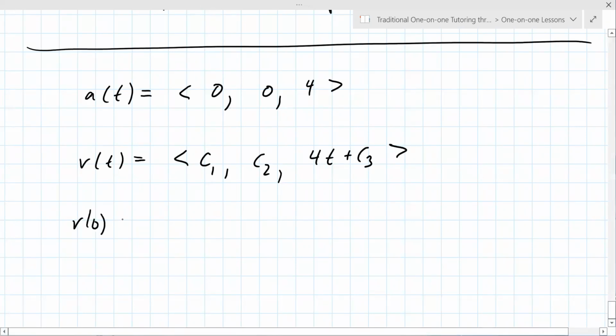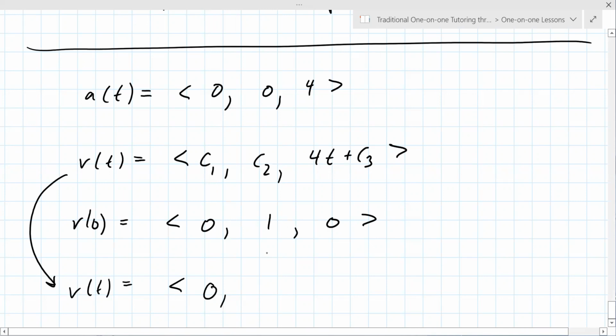So v of 0 equals 0, 1, 0. We use that to find the initial values. C1 is 0, C2 is 1, and when you put 0 in for t, it's 4 times 0 plus C3 equals 0. So C3 equals 0. So it's just 4t.